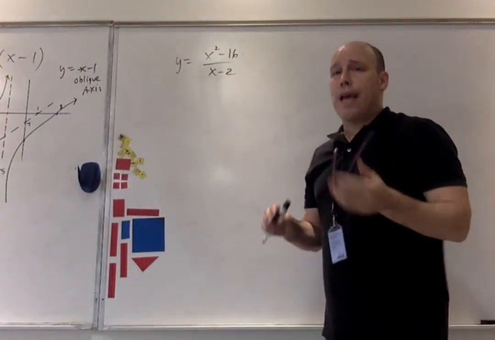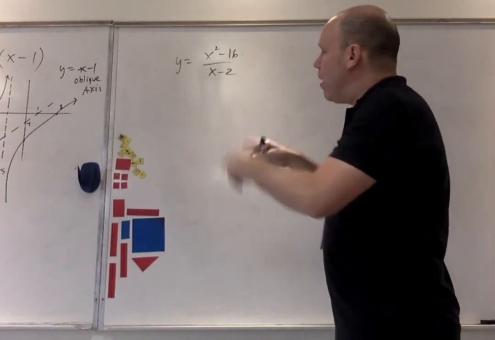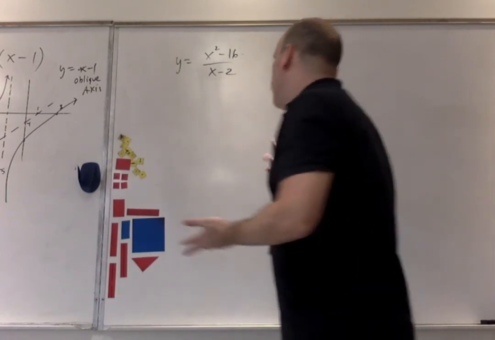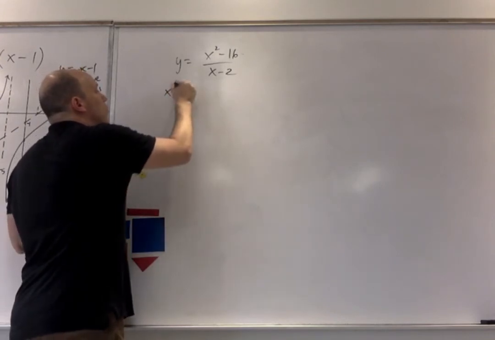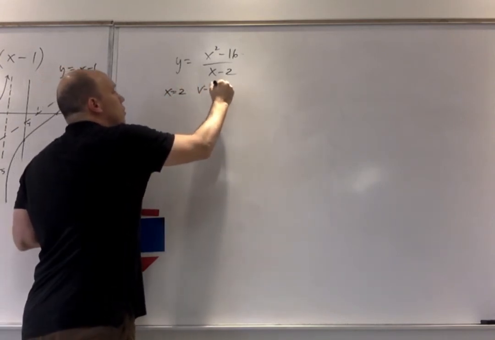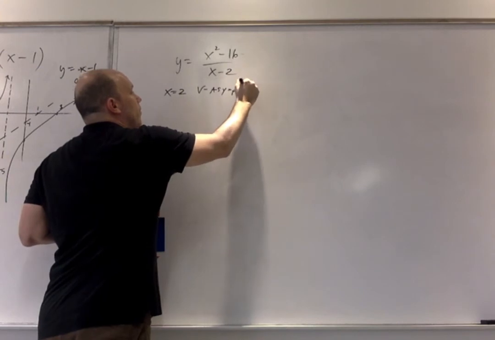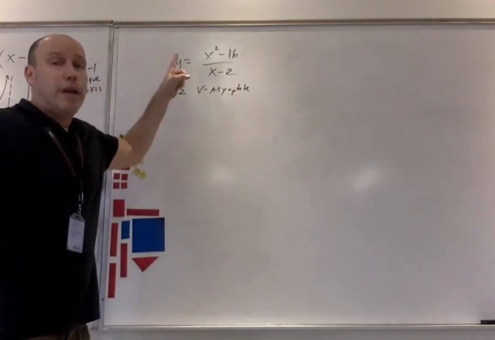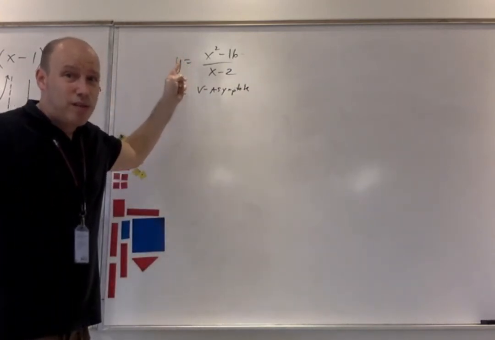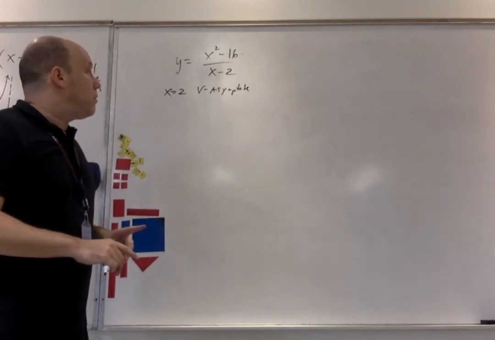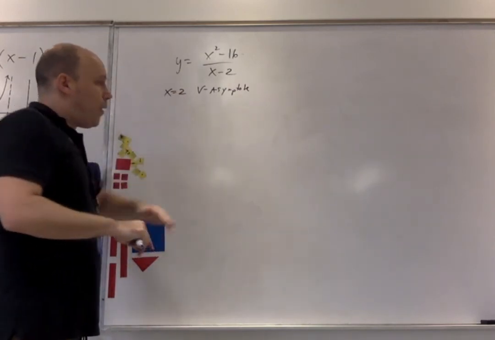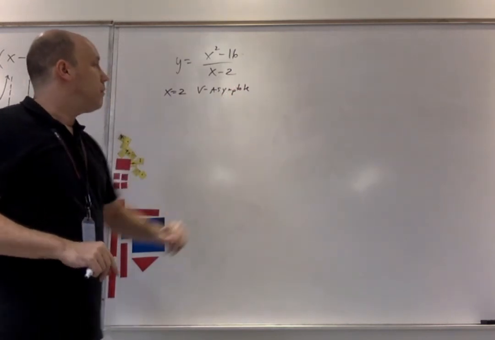Obviously, you can look at this in decimals. You know what this is going to look like. So let's describe some things. We know that x equals 2 is a vertical asymptote. We know, because we're experienced math students, there is no horizontal asymptote. We're going to get to that, but we know there's a slant.